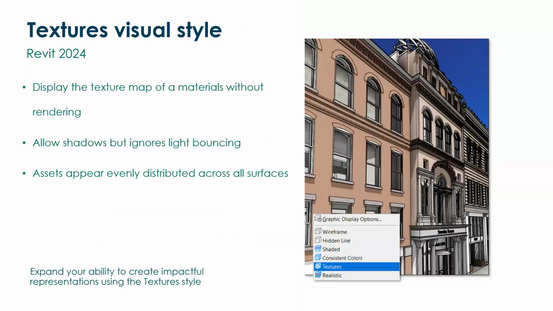Coming to the textures and visualization styles. This is another icon which is available in version 24, where without applying it to the parts of materials, we can directly switch to a visual style panel where we get all the environment associated with our image and its material types.